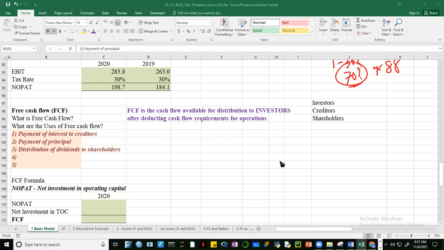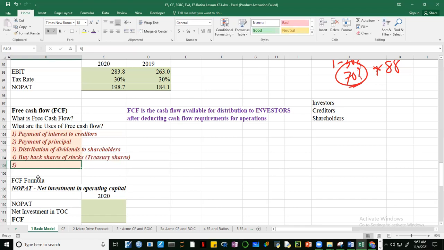Free cash flow can be used for the payment of interest to creditors, payment of principal, distribution of dividends to shareholders. Any other answer, guys? We also discussed this before, free cash flow can be used to buy back shares and stocks. This is called your treasury shares or treasury stock.